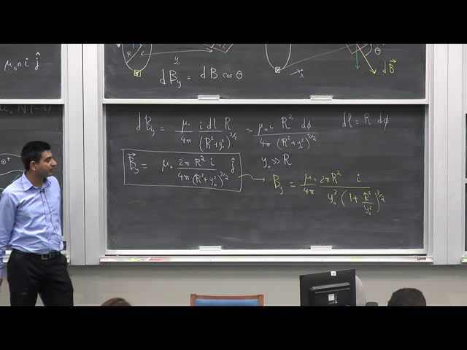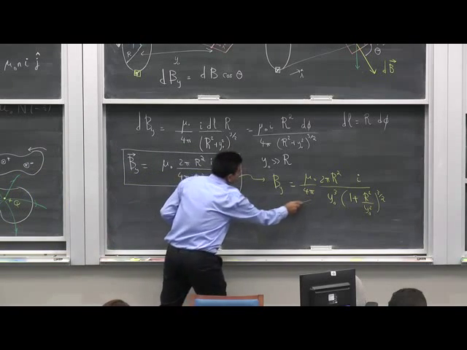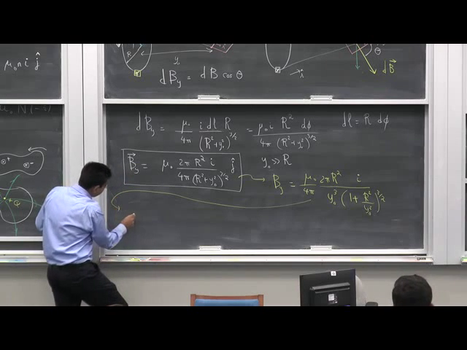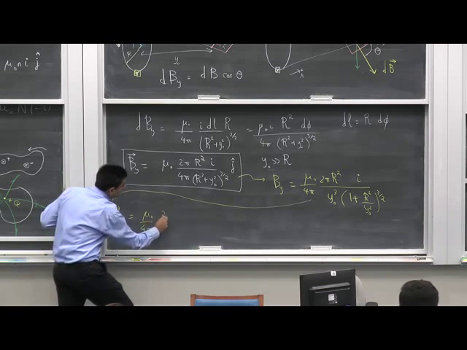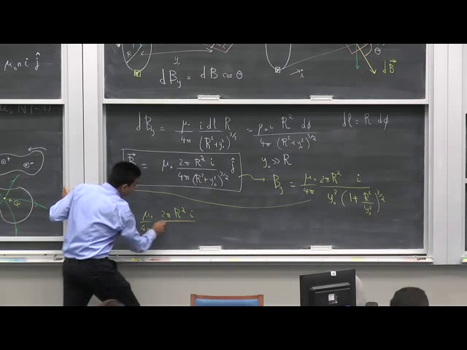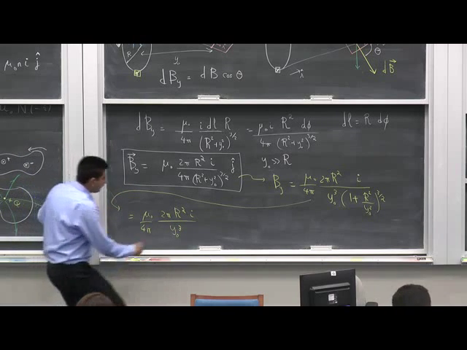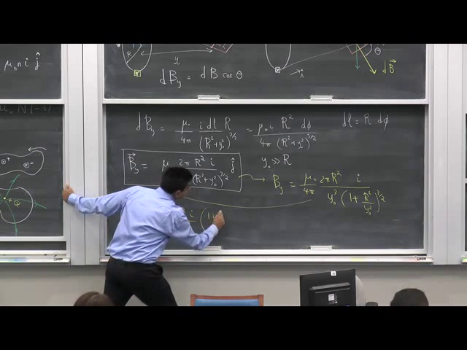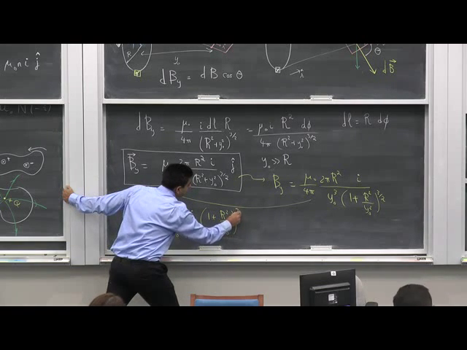This is exact. And then I can apply the binomial expansion. This becomes mu naught over 4 pi, 2 pi r squared I over y naught cube, into (1 plus r squared over y naught squared) to the power minus 3 by 2.